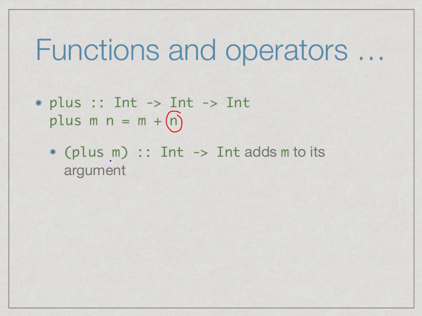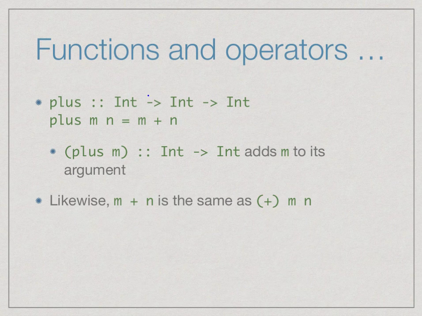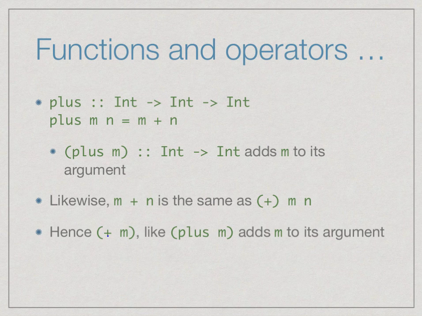So m is now fixed. In the same way, we can think of this using the normal plus operator. So m + n is the same as (+) m n. So this round bracket plus is a function which is exactly like the plus we wrote above, which takes two arguments. And if it takes one of them, then it becomes the function plus m. So plus m adds m to its argument.